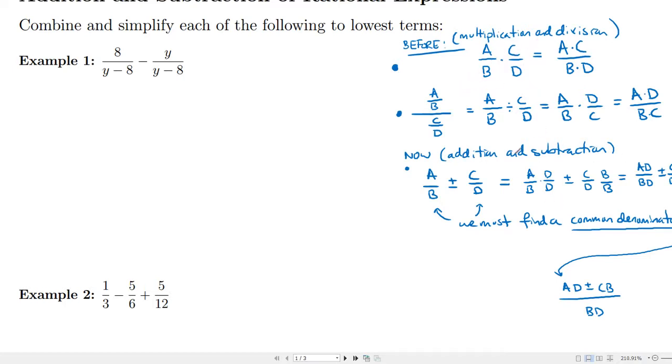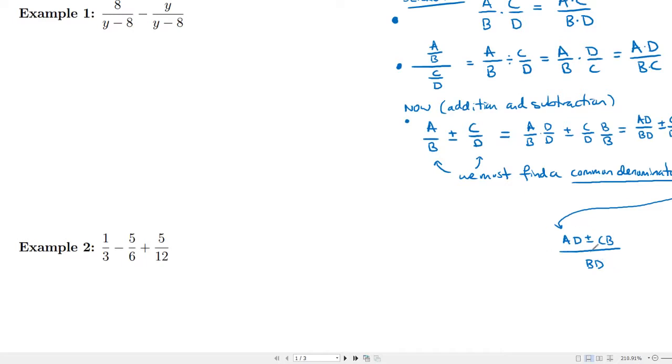With addition and subtraction, we're going to have to do a little bit more work. Sometimes you won't just do this multiplication; that's just one way to guarantee it. Another way is you might multiply by other factors to find another common denominator. But in the end, you must have a common denominator before you can actually do the operation.